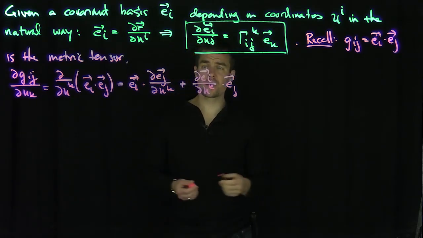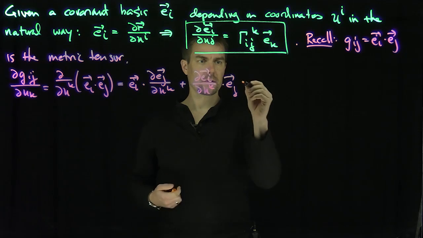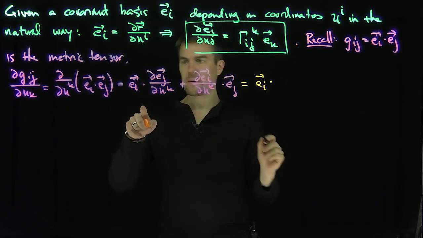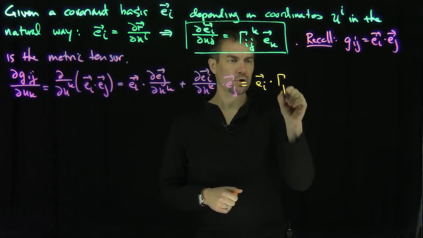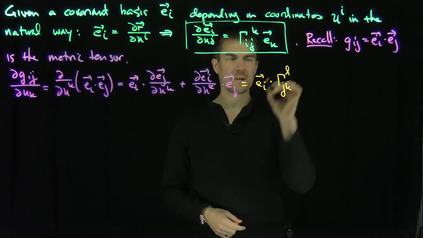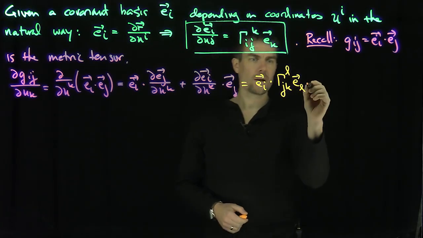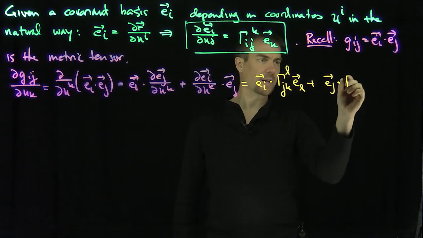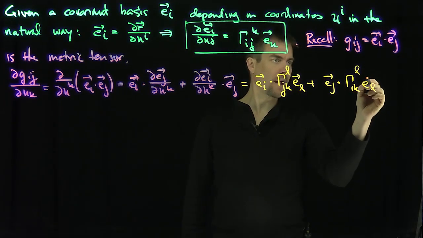And now we can use the definition of the Christoffel symbol. I'm going to need some dummy indices, okay? So this becomes E_i dot gamma_jk^l E_l, plus E_j, I'm going to switch the order because it's commutative, dot gamma_ik^l E_l, okay?